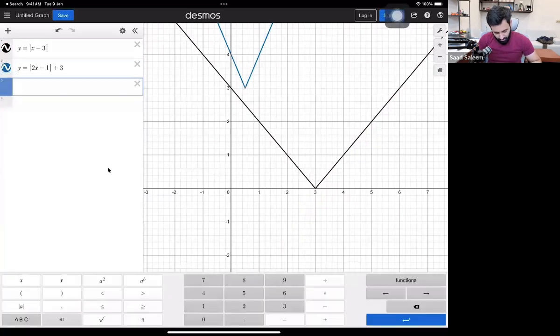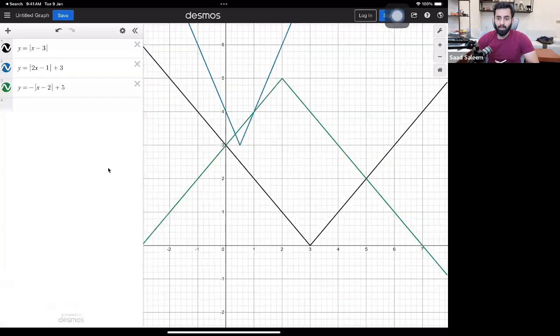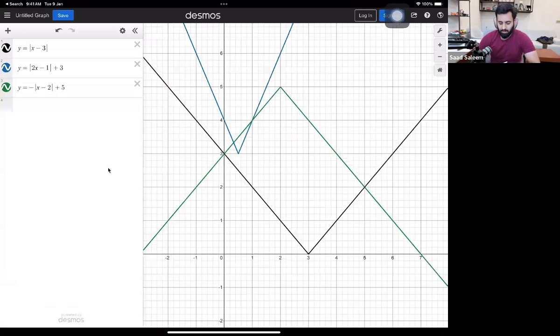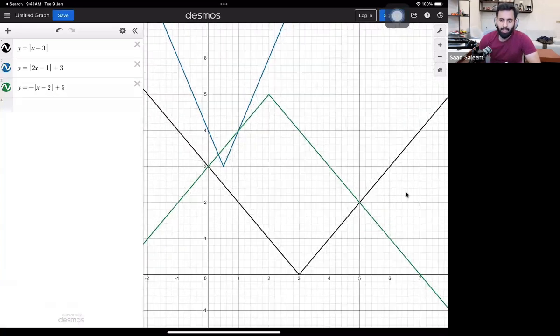Let's say we have y equals minus modulus x minus 2, just totally random, okay? Modulus x minus 2 plus 5. V shape, that's correct. So all these graphs have something that we call a vertex.